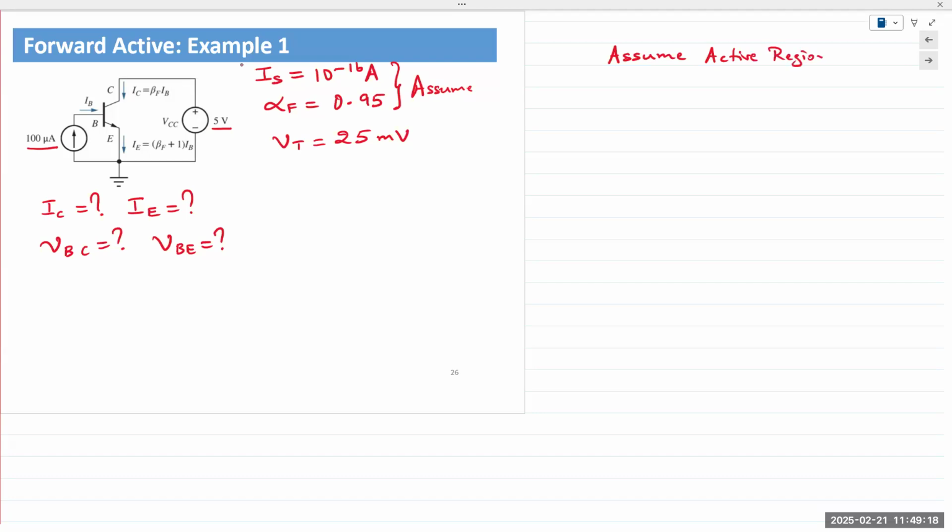If we assume active region of operation, we can conclude that VBE is 0.7 volts. Right off the bat, the emitter is common to the input and output side. So if the emitter is at 0 volts, VC, the collector voltage, is at 5 volts.